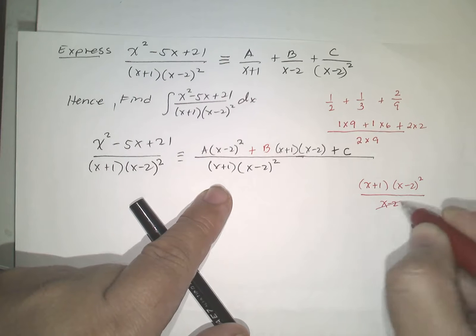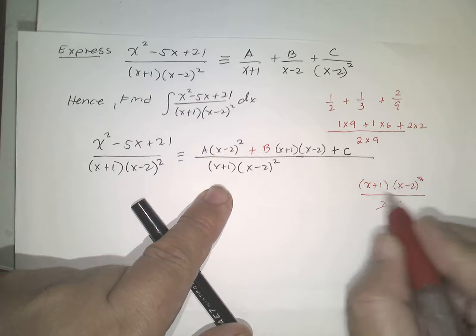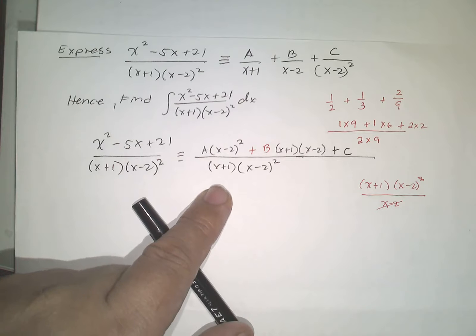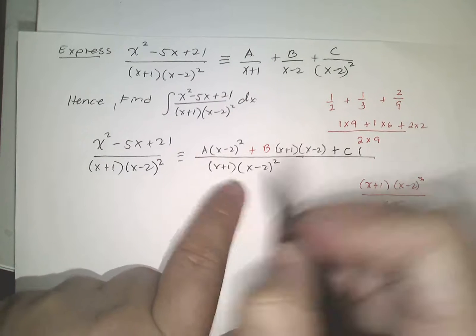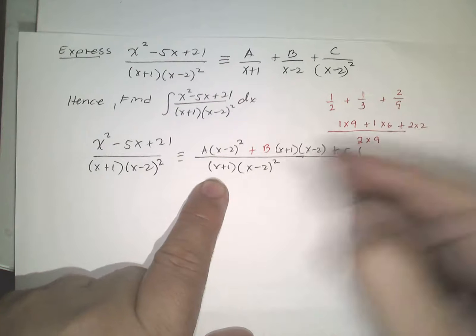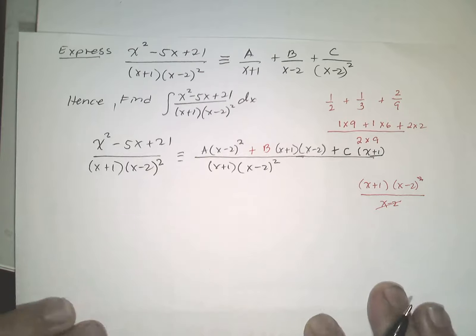You can see that this can be cancelled, so this is the only answer, the top portion there. I hope it's clear now. Plus C times this expression divided by x minus 2 squared, which is x plus 1. So this is going to be times x plus 1.